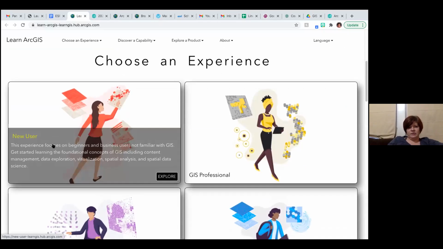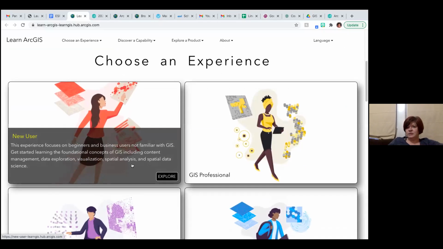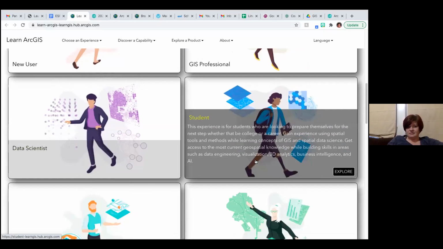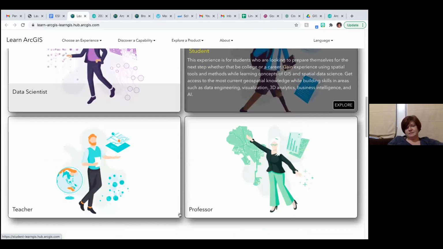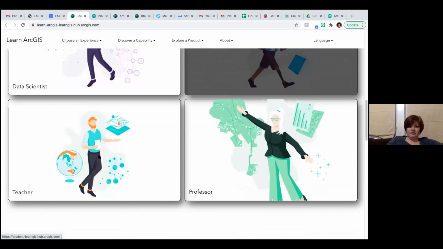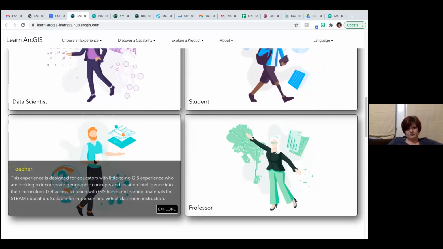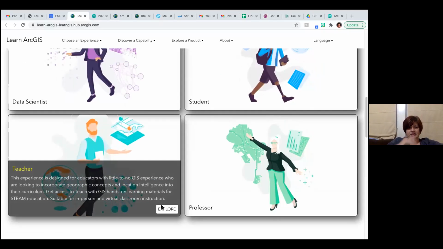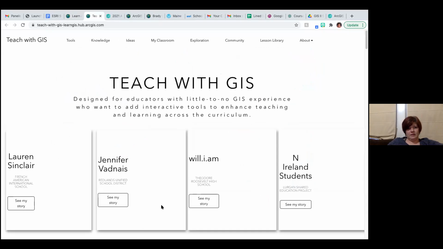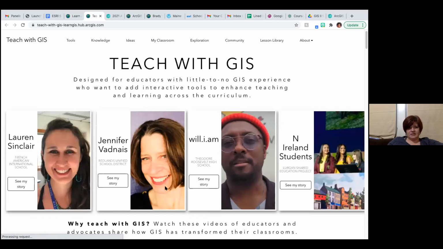There are lessons for new users, GIS professionals, students, teachers, and professors. If you go on to the teacher site and explore, there are all kinds of different lessons.